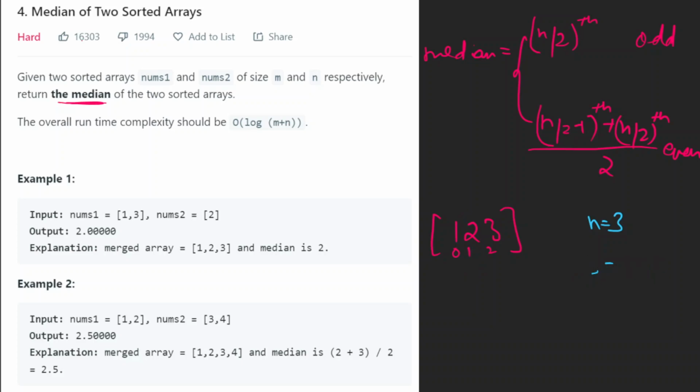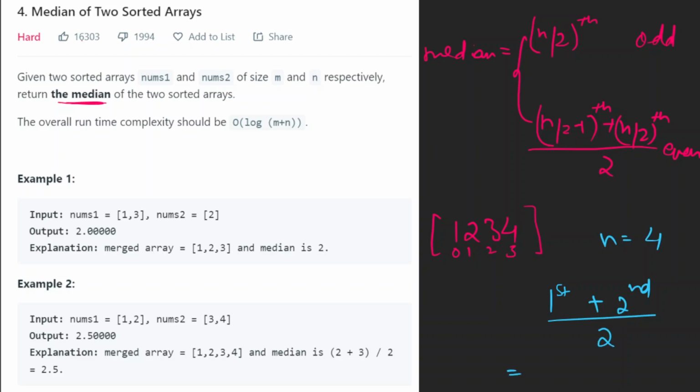But if we are given an array with size, let's say, 4, in that case the n value is 4, and n by 2 is 2, and 2 minus 1 is 1, so the element at index 1 plus the element at index 2, over 2, which means their average, okay?